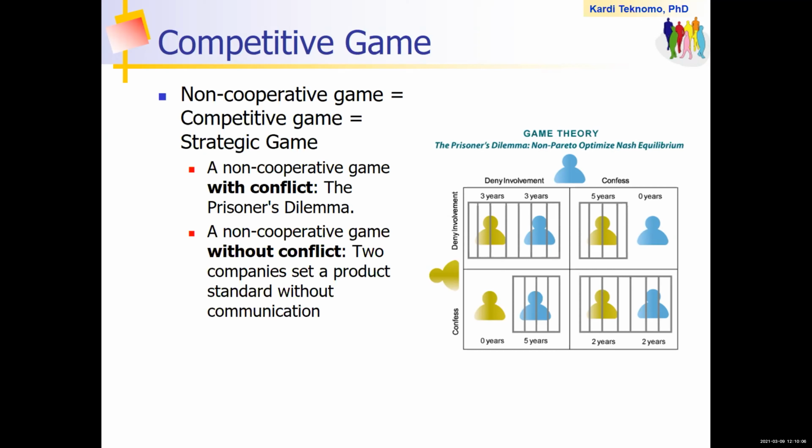So I give you an example. Microsoft, for example, created Internet Explorer, and then Google created a similar product called Google Chrome. So they are competing with each other.